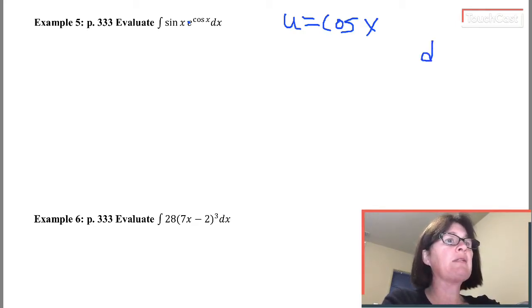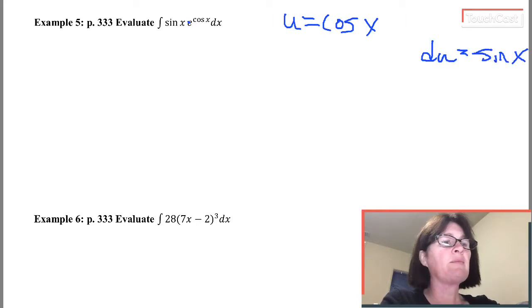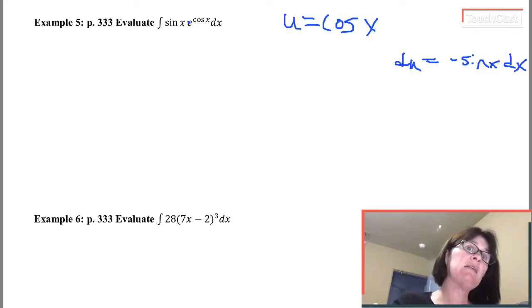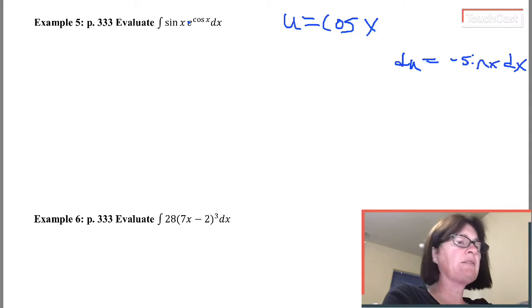In this case, I know that du is going to equal negative sine of x. Clearly I didn't leave myself enough space to write that, because what I want to write is du equals the derivative of cosine x, which is negative sine of x, dx. Can I isolate dx?